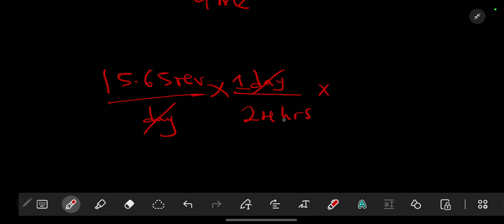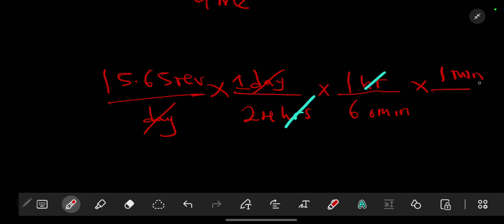Likewise, the hour is down here, so you are going to put the hour up here. So 1 hour here. In 1 hour, there is exactly 60 minutes. Then this and this go, so get the minute now, since the minute is down here. So 1 minute, in 1 minute there is exactly 60 seconds.